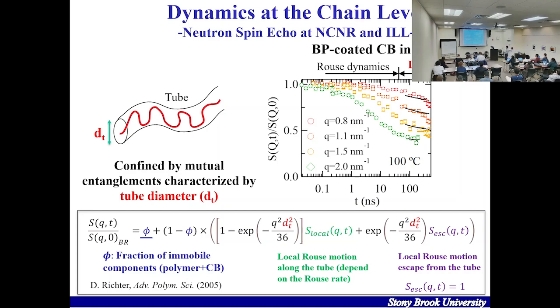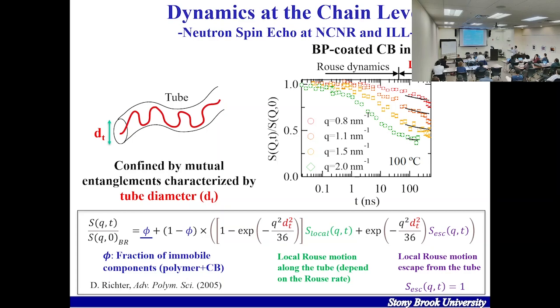I don't go into the detail here, but I use exactly the same formula that Antonio provided right here. The only difference is that we know that within the bound polymer, there is an immobile component, which means the polymer doesn't move within the time regime of the experiment. Because of that, we also consider diffraction.